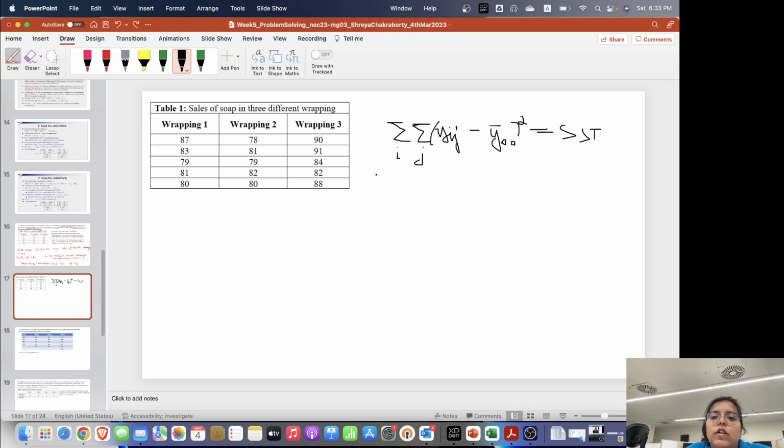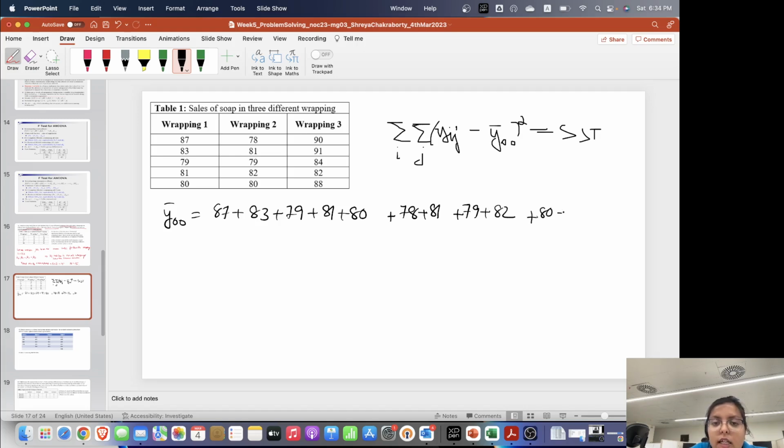so first we'll calculate y not bar. So how are we going to get this? This will be 87 plus 83 plus 79 plus 81 plus 80 plus 78 plus 81 plus 79 plus 82 plus 80 plus 90 plus 91 plus 84 plus 82 plus 88 divided by 15.